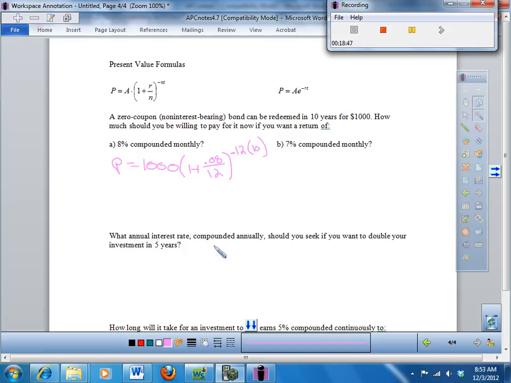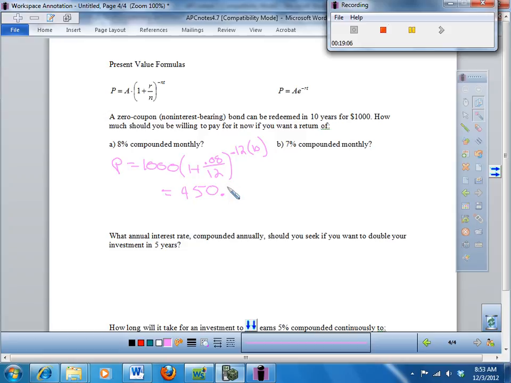Everyone with me there? Okay. And if you plug this into your calculator, you get $450.57. Why just the negative 12 on the top exponent?